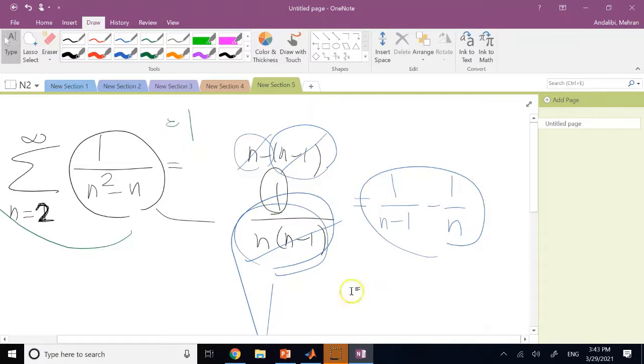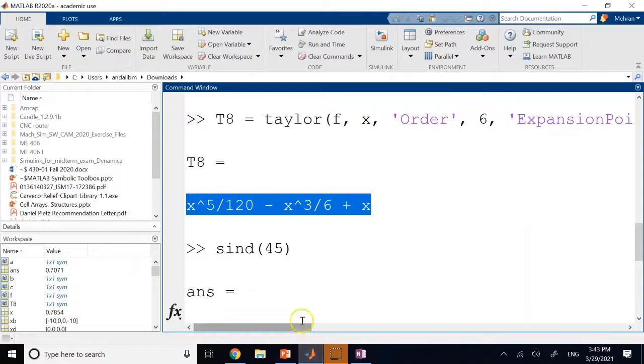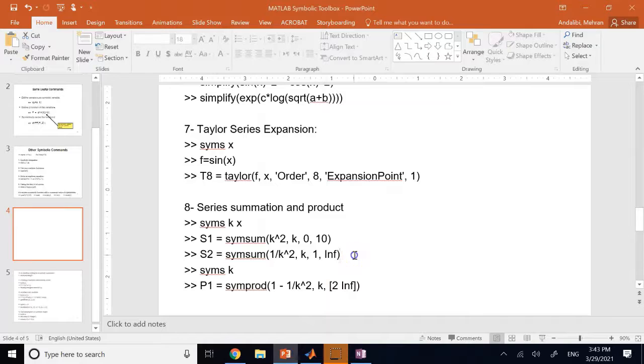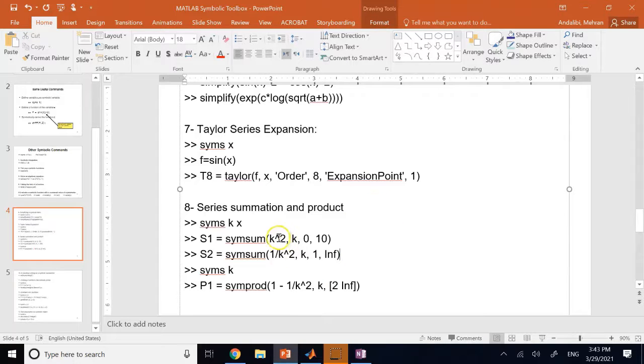Right? Now let's do it in MATLAB, see if MATLAB is capable of doing it for us. So I define a series, any series, and then I use the command symsum, summation symbolic. What is the common term of the series? 1 over k squared minus k. And then I say k goes from one number to another number, and the symsum command should do it.